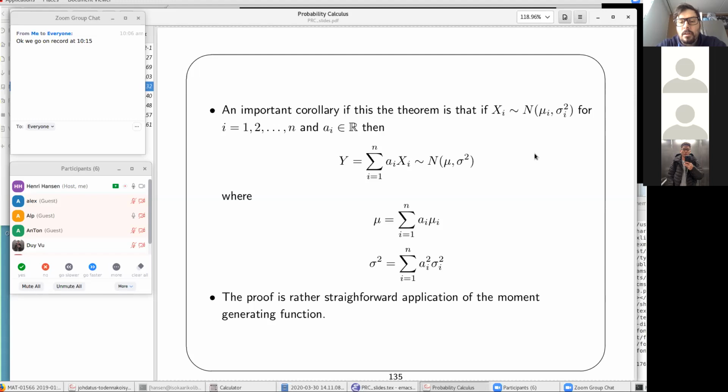The proof is a rather straightforward application of the moment generating function. I'm not going to go there.